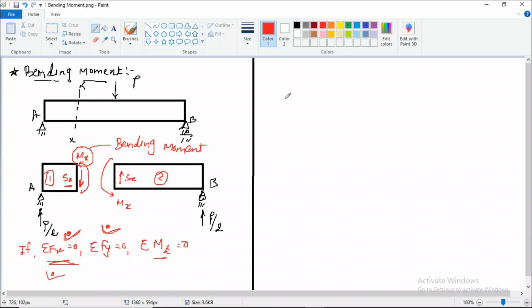So let us take summation of moments about the section is equal to 0. So what we'll get, first the left hand side force is multiplied by distance, so P by 2 multiplied by distance x, it is going clockwise, so positive.